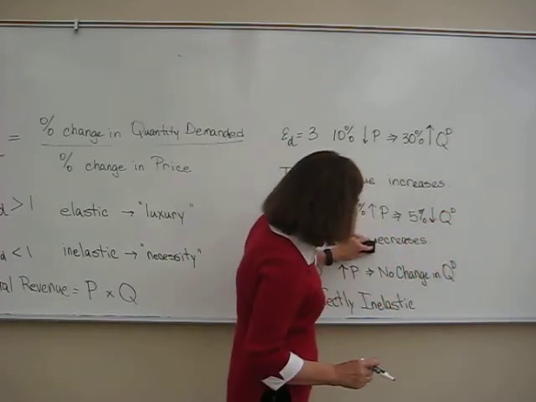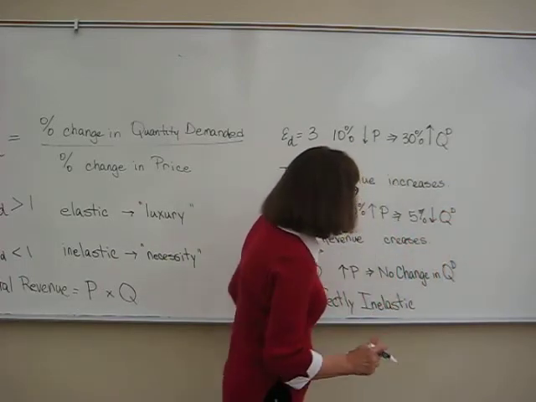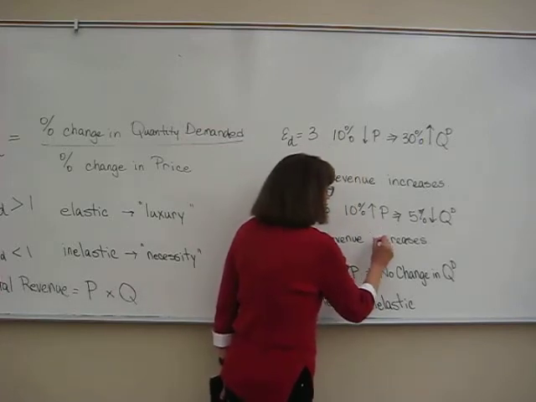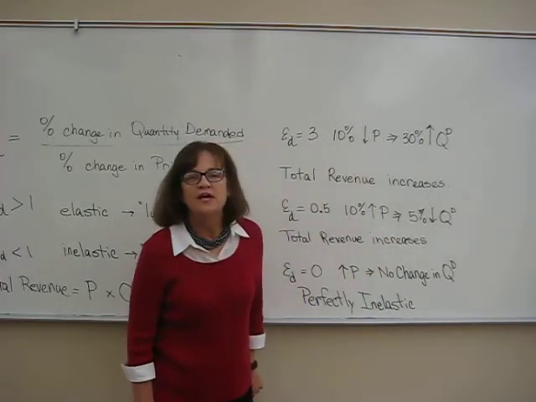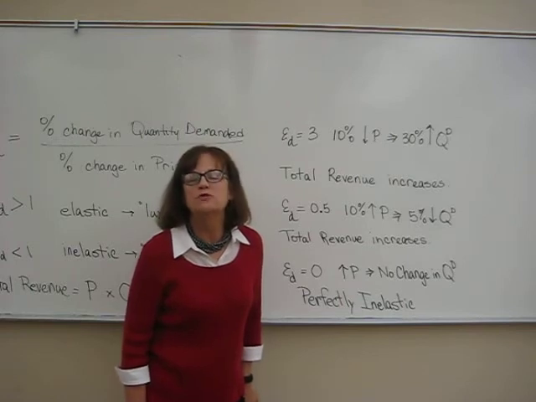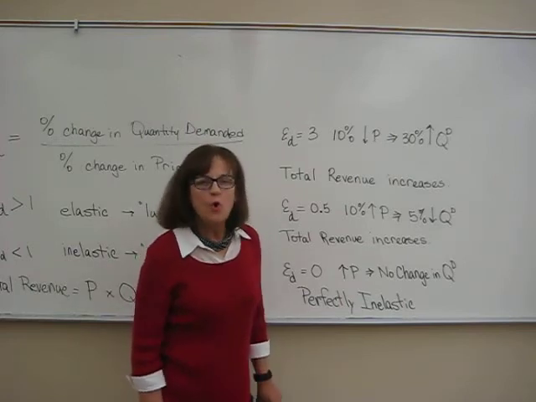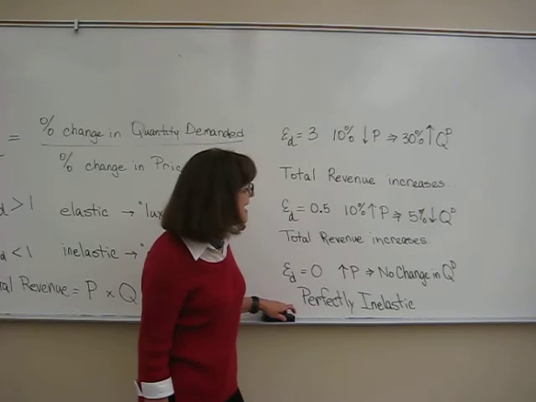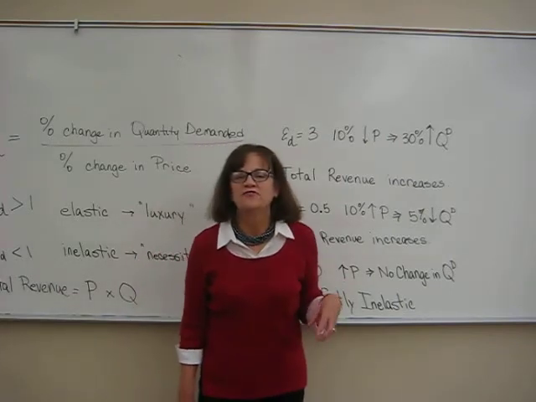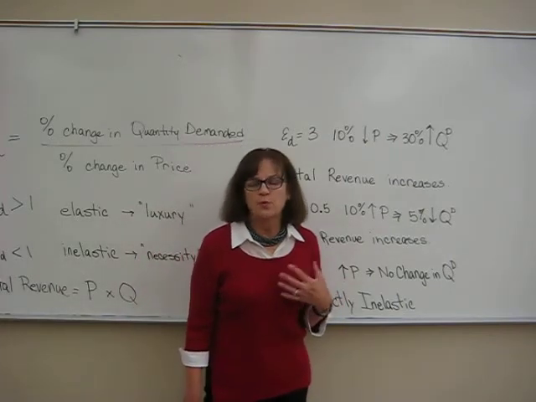Your price increase is going to more than offset your quantity decrease, and your total revenue is going to go up. For example, goods that have inelastic demands have some characteristics.